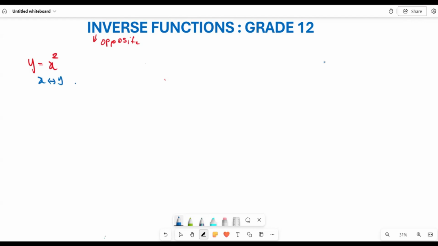So for example, if you want the inverse of this function, it will be the same as x equals y squared, right? And then we would want to make y the subject of the formula, so y equals the root of x. So basically that will be the function of this, right?